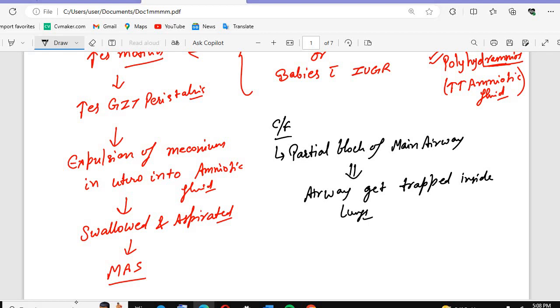What are the consequences or clinical features we will see? There is a partial block of the main airways, and the air gets trapped inside the lungs.